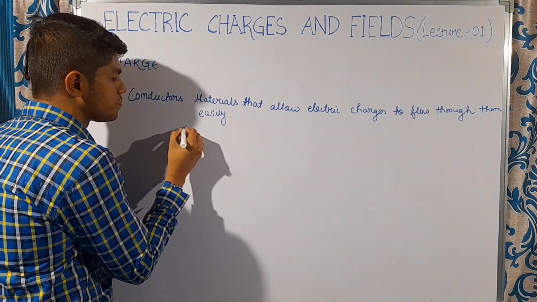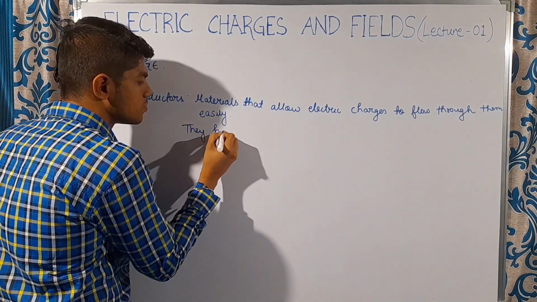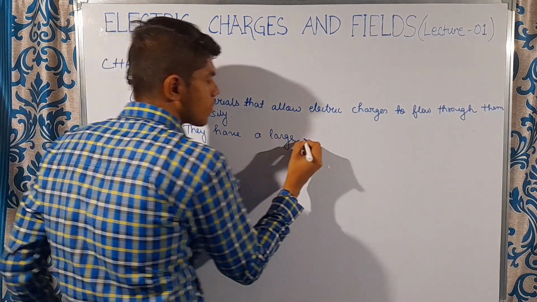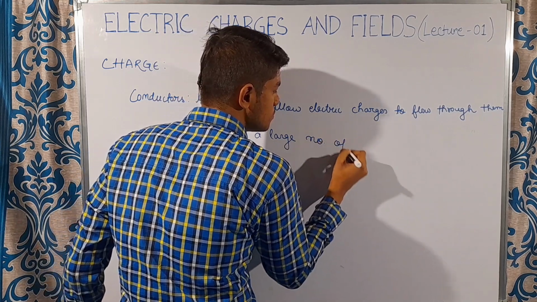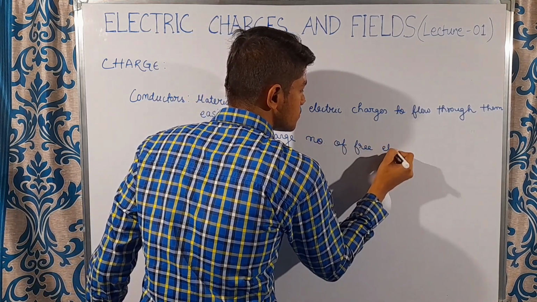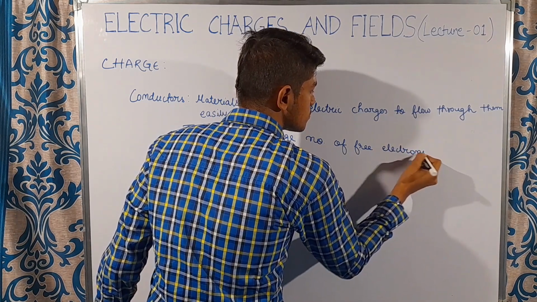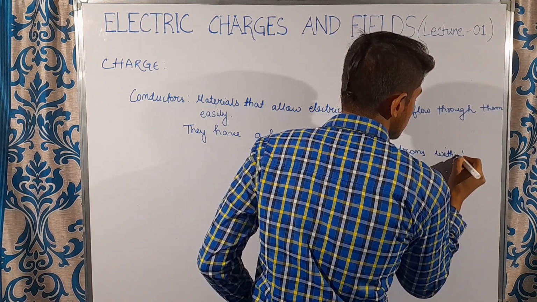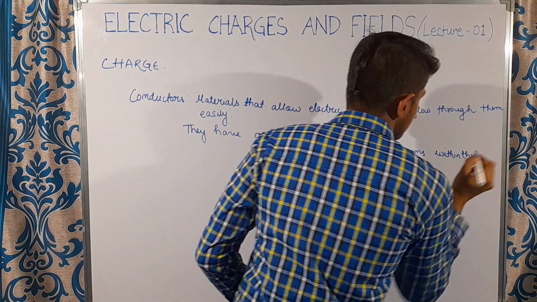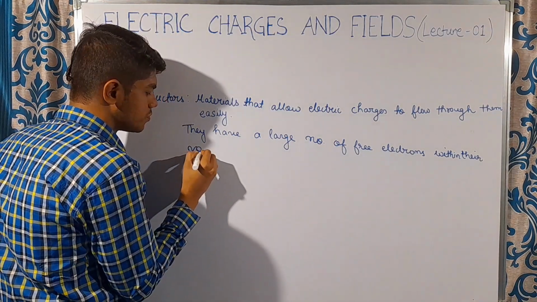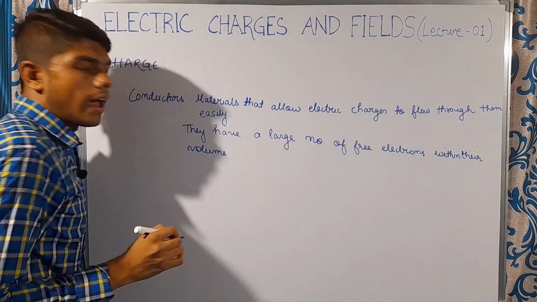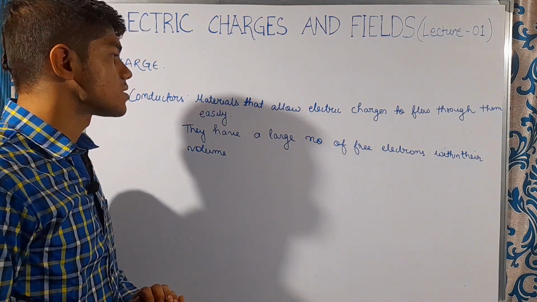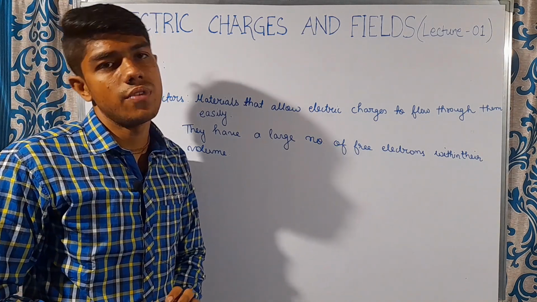They have a large number of free electrons within their volume. Actually, it is due to the presence of a large number of free electrons that conductors allow electric charges to flow through them very easily.